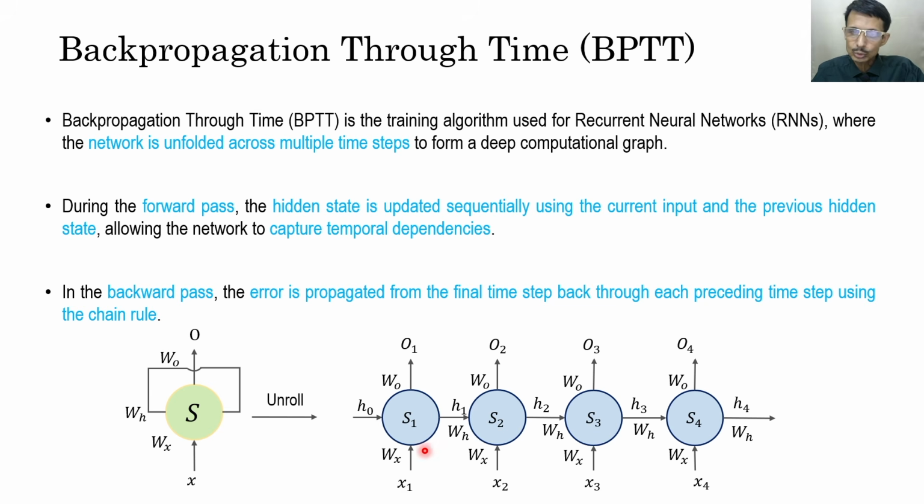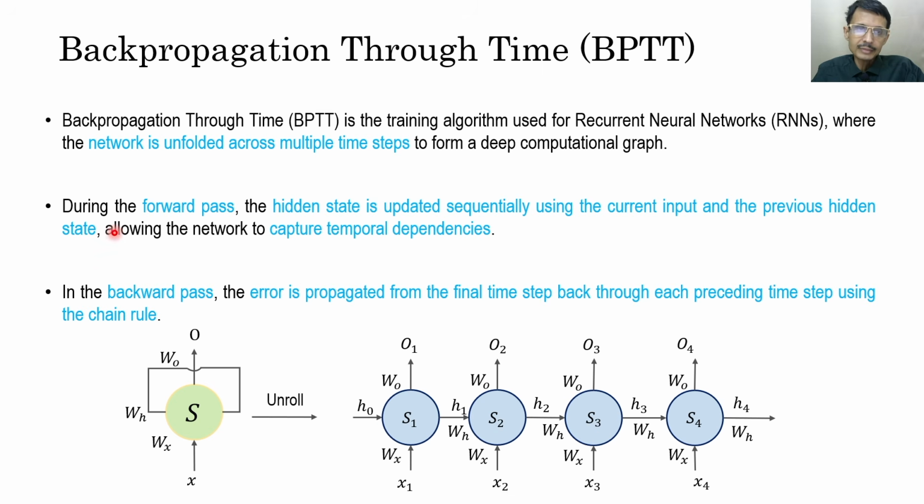It is through the time instances, that is, the hidden states. So here also the basic difference is that time is involved, and at each time there is an input, and the previous state input comes as an input to the next state along with the present input of that particular time period.